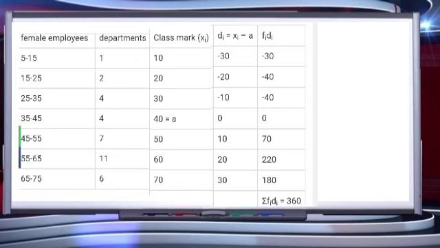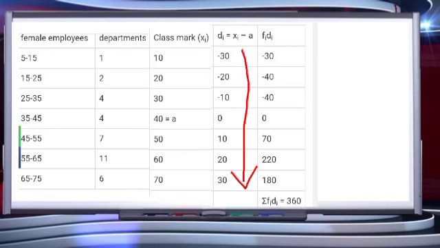Next is to create the di column, which stands for xi minus a. From each value we subtract our assumed mean. So 10 minus 40 is minus 30. 20 minus 40 is minus 20. Likewise we will complete the di column.